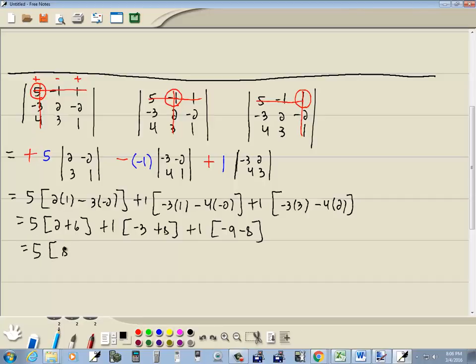Two plus 6 is 8. Negative 3 plus 8 is 5. Negative 9, negative 8 is negative 17. So that gives us 40 plus 5 minus 17. 45 minus 17, which would be 28.